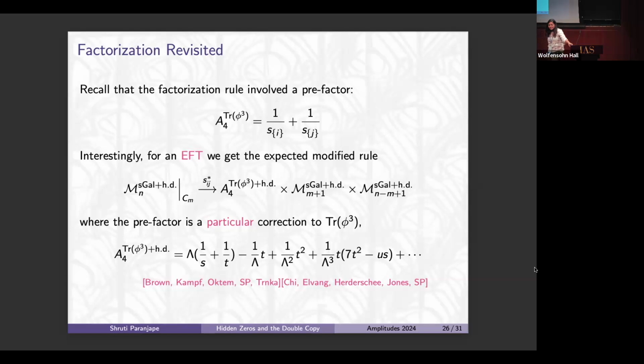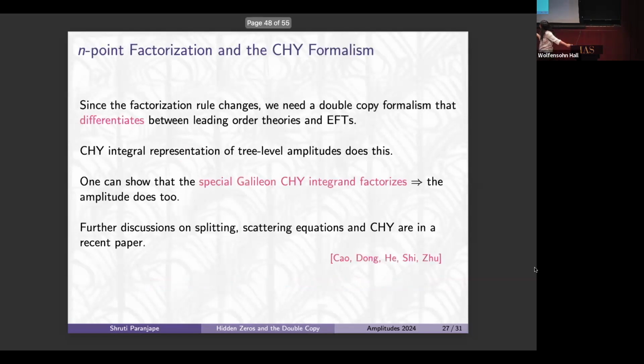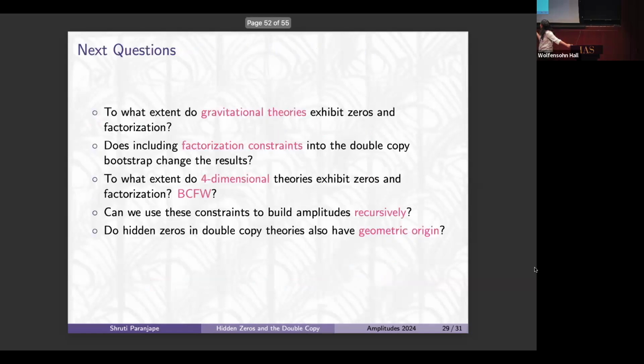Thank you for this great talk. Do you think that you can get some understanding about improved UV behavior from these hidden zeros? Good question. At least what we're looking at now with Callum is what happens to the BCFW terms in 4 dimensions for Yang-Mills. Now BCFW is obviously very closely related to UV behavior, and we find that term by term in the BCFW expansion things are vanishing.